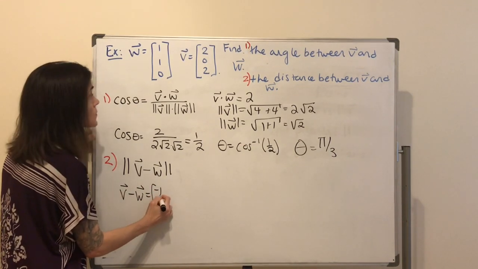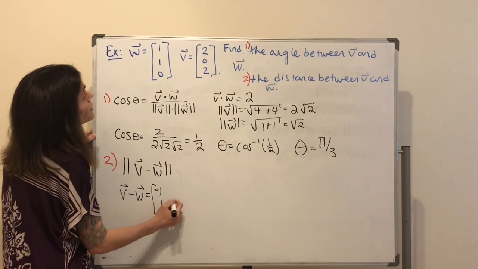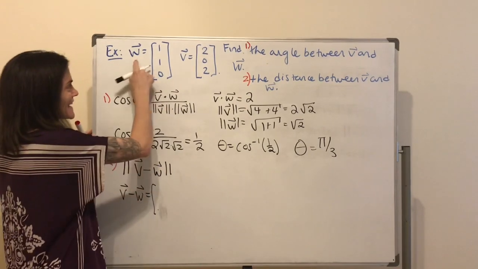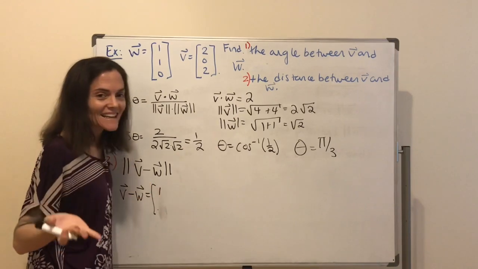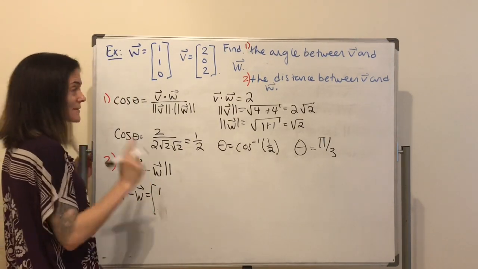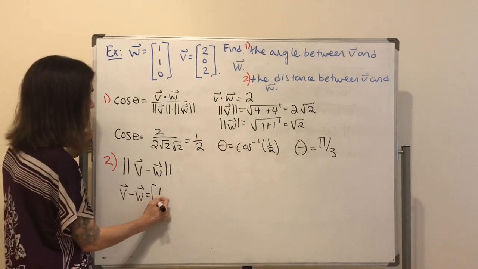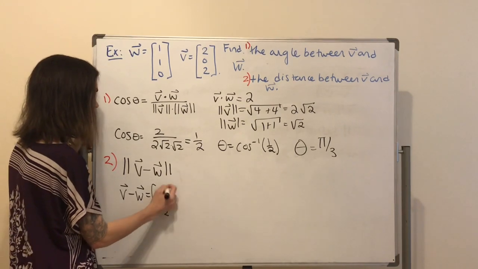This is -1, 1, -2. Oh, I did W minus V. Well, I was looking here. V minus W, pardon me. Reality is I would get the same length, but since I wrote V minus W, let's actually do V minus W: 1, minus 1, minus 2.